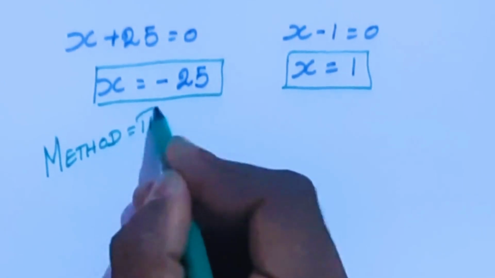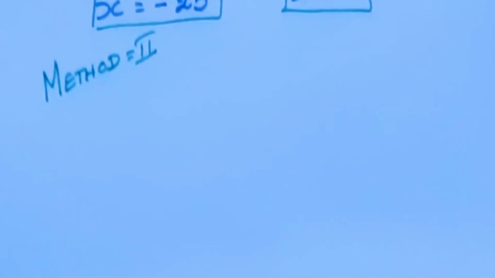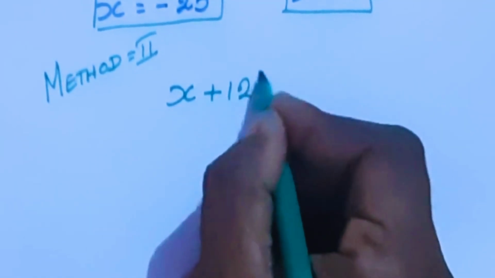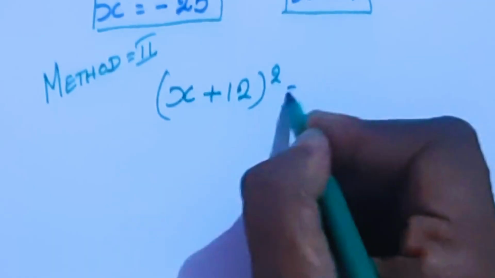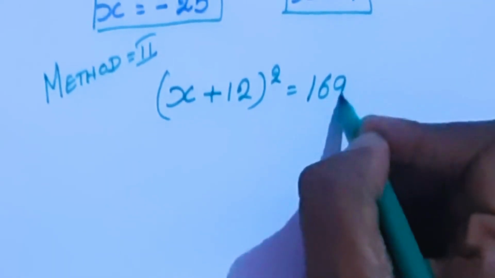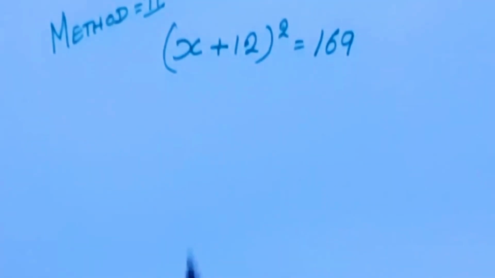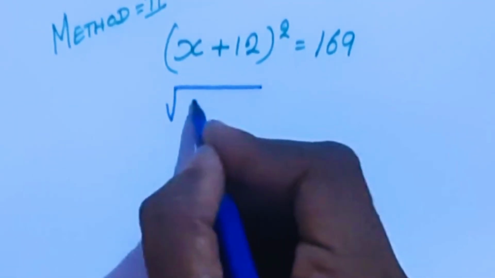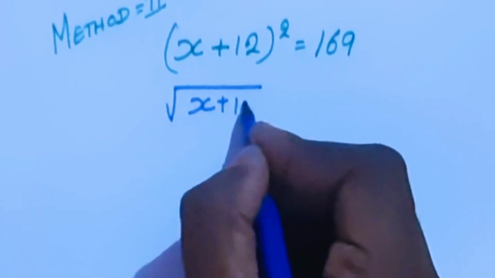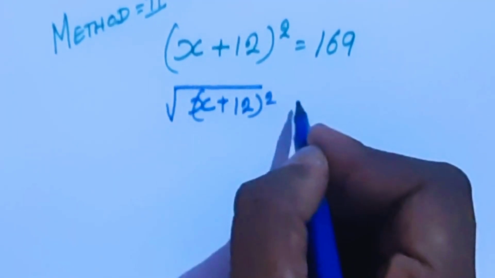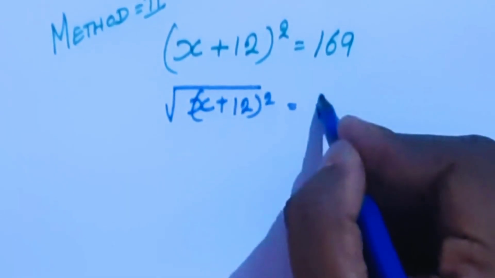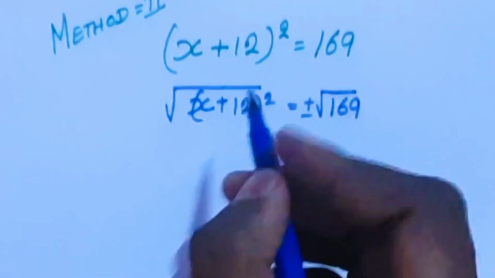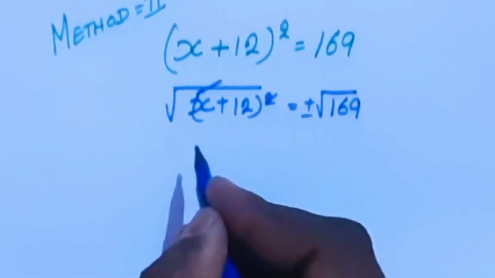This is method 2. Here the equation is (x + 12)² = 169. Take a square root on both sides. So the square root of (x + 12)² equals plus or minus the square root of 169. Now this square and square root will cancel each other.